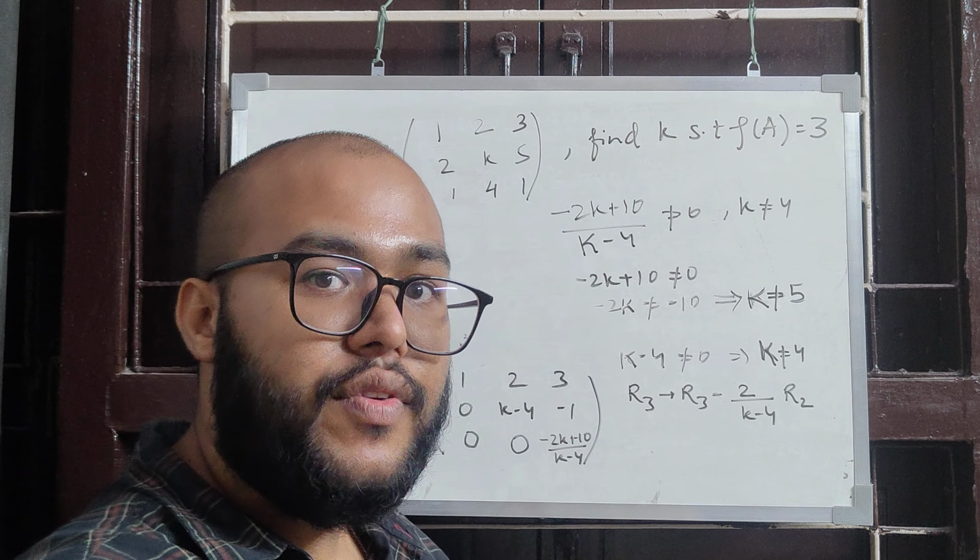We are subtracting 4 and 5 from the real numbers, puncturing these two points. So k can be anything else except these two. It can't be 4 and it can't be 5.